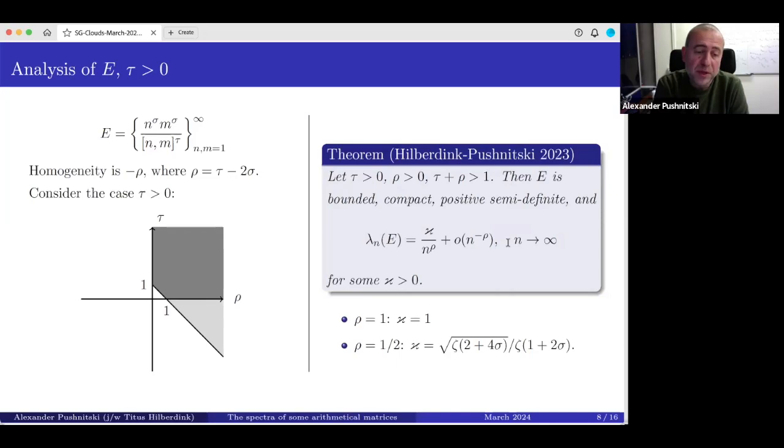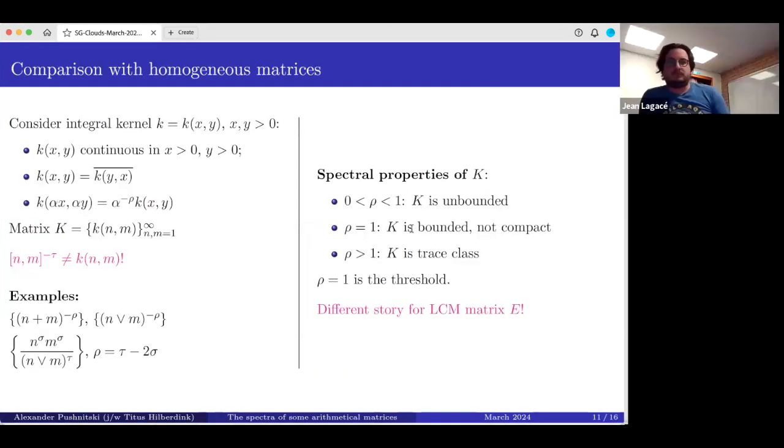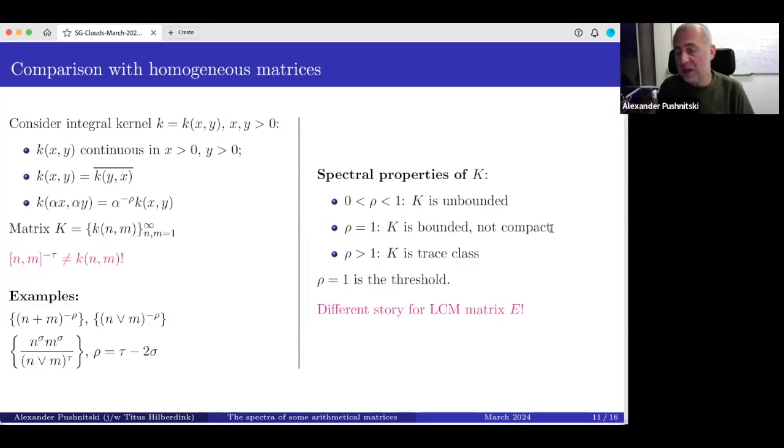I think the intermediate case is also quite interesting, when you are bounded but not compact. I looked at it a little bit in the context of these homogeneous matrices, because this is an interesting case. So the answer to your question is no. Nobody looked at it.